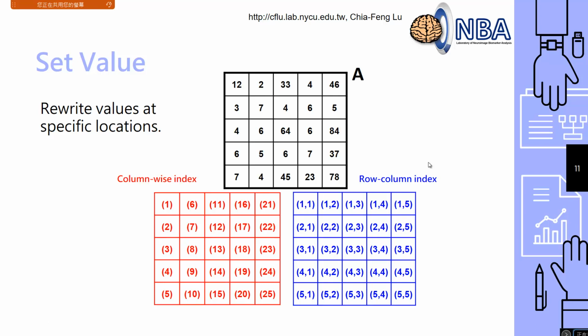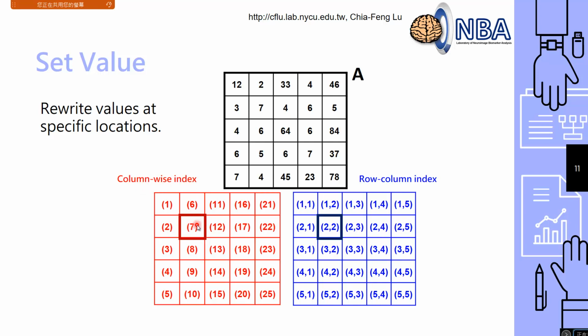So once we know how to get value, now set value. That means I'd like to put a number or element into a specific location. I think this should be straightforward, right? So now we are going to rewrite the values at specific locations. For example, if you are using the column-wise index, I'm going to rewrite the value located in the 7th position.